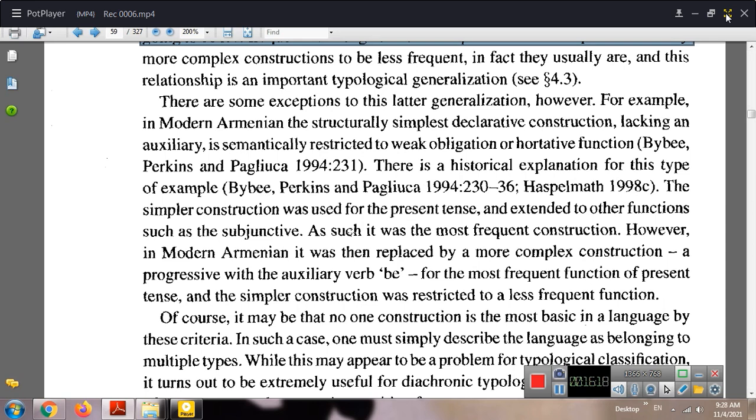The simpler construction was used for the present tense and extended to other functions such as the subjunctive. As such, it was the most frequent construction. However, in modern American English, it was then replaced by a more complex construction, a progressive with the auxiliary verb be, for the most frequent function of present tense, and the simpler construction was restricted to a less frequent function.